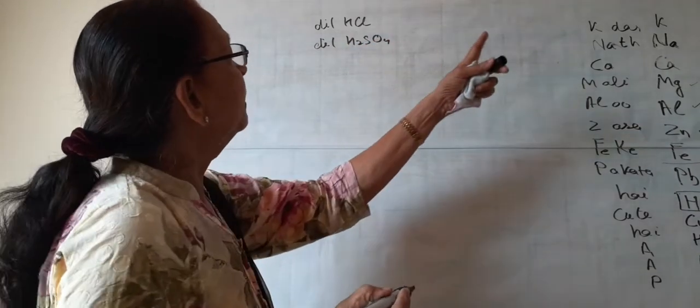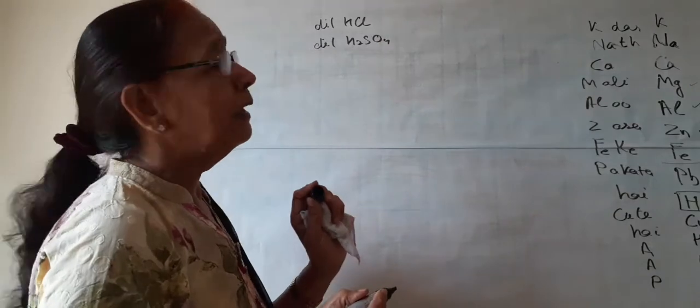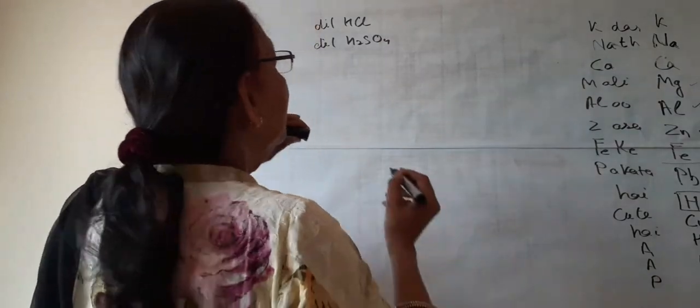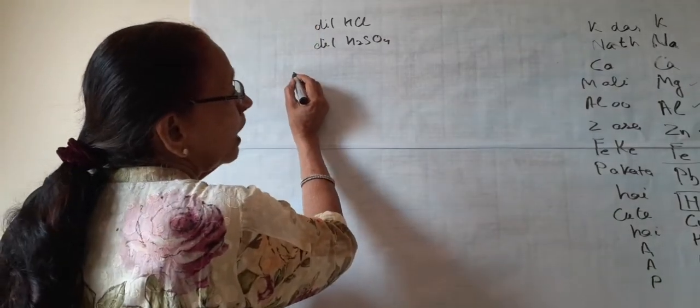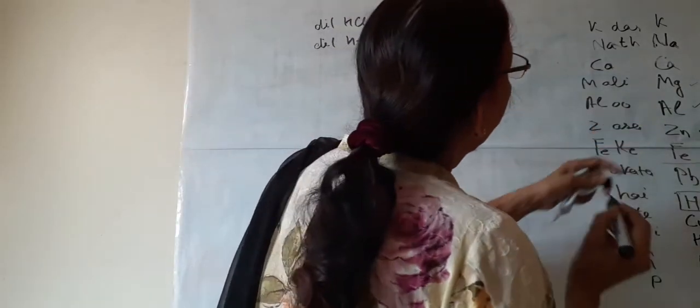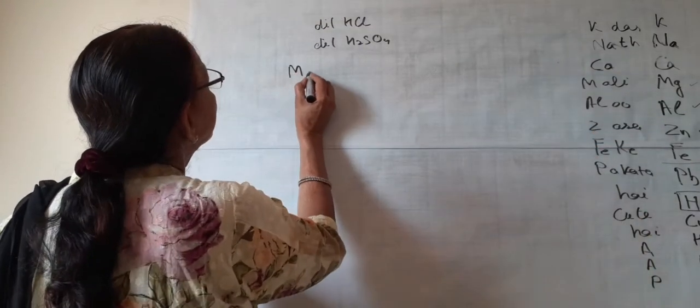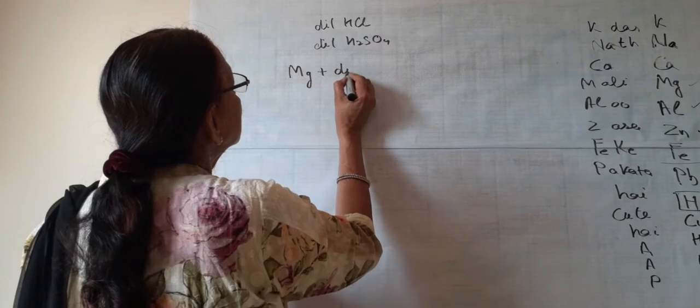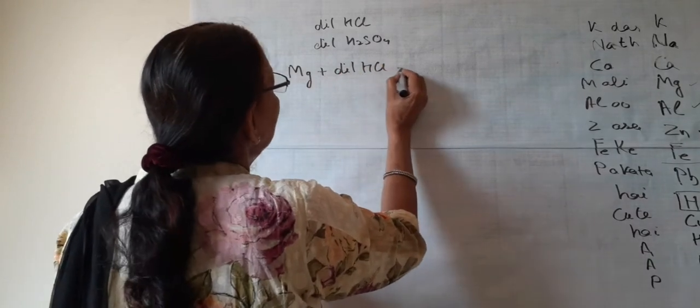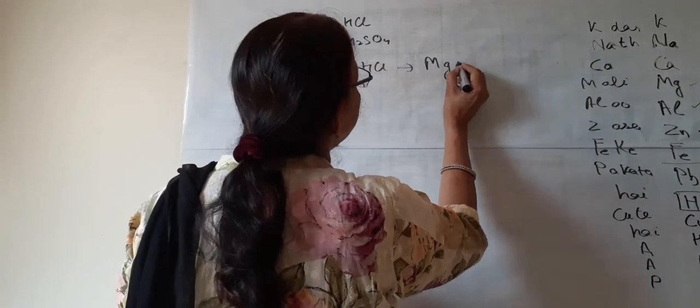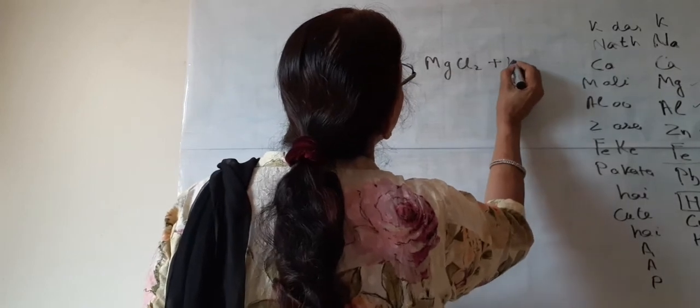We start from magnesium. Magnesium plus dilute HCl forms MgCl2 plus hydrogen.